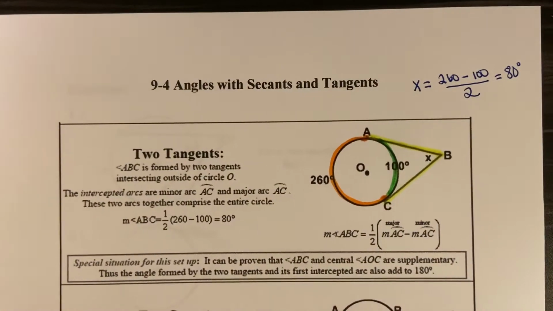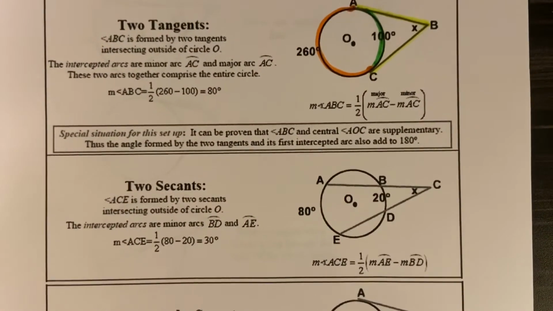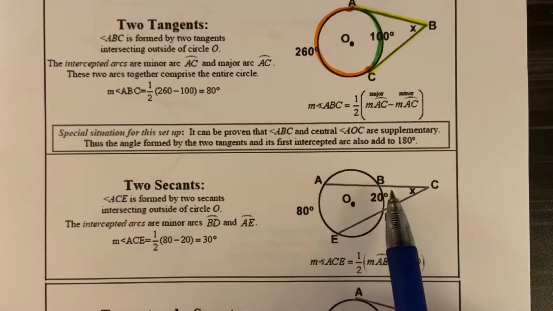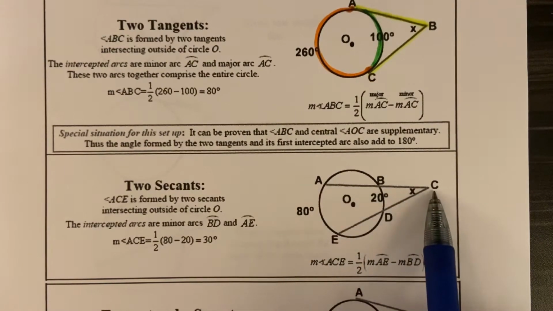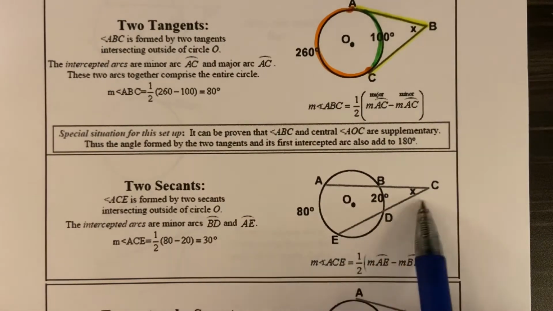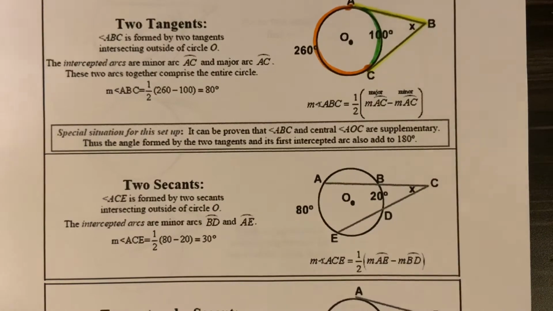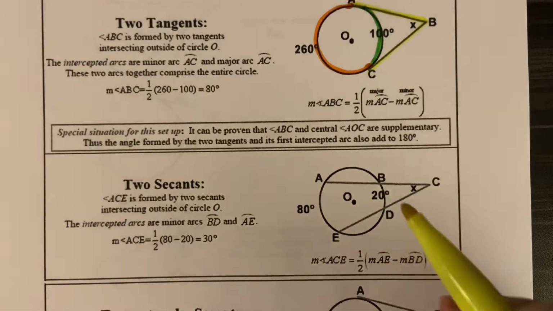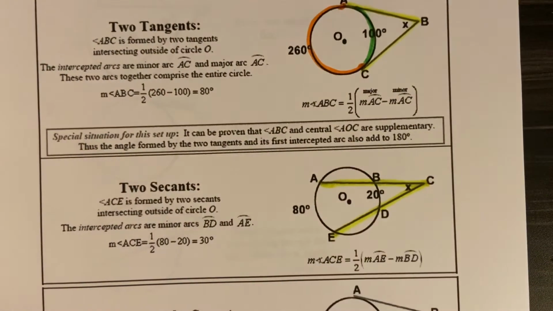The next scenario is when you have two secants. It's a secant because it's intersecting the circle in two spots. So this whole line right here is called a secant. This is the secant theorem. Again, they're asking you to find this outside exterior angle. You look at the angle and the arcs that are squished in between.